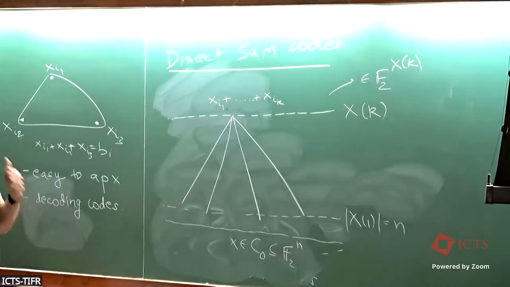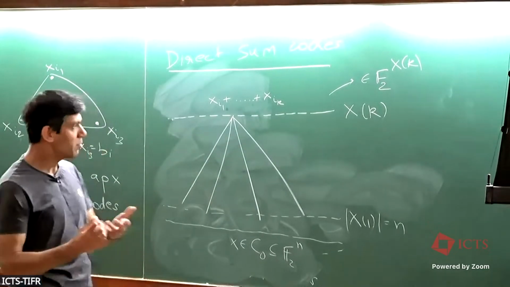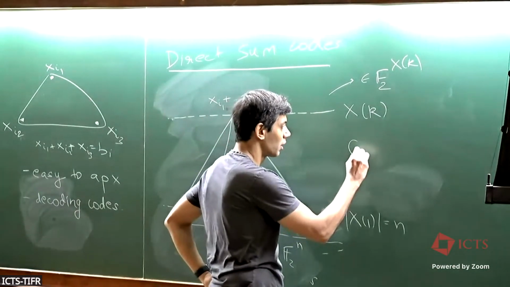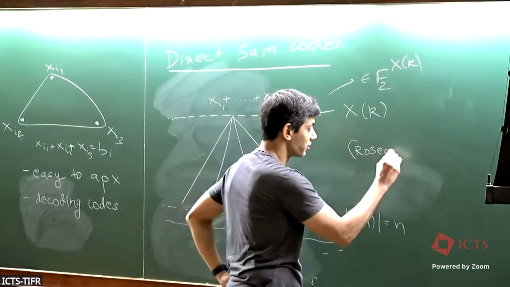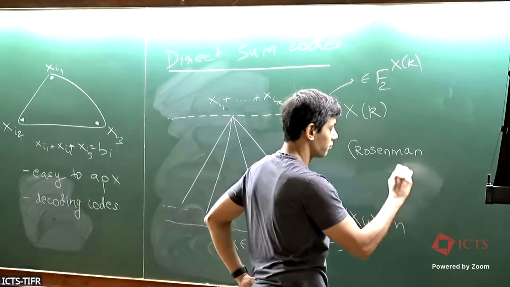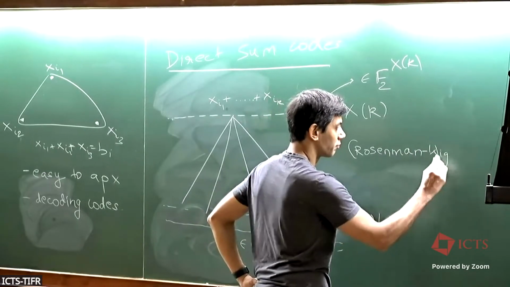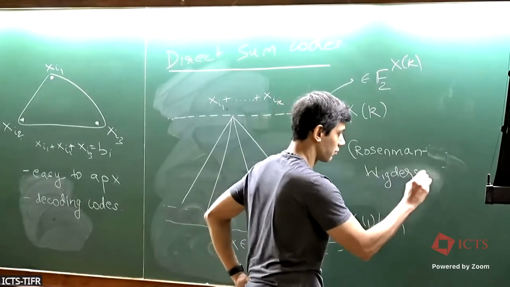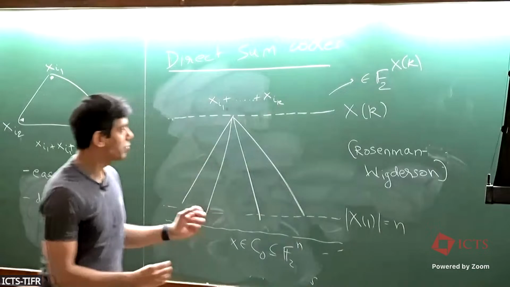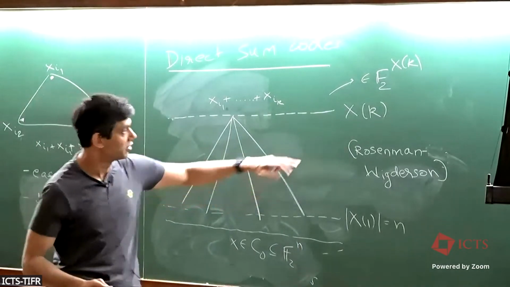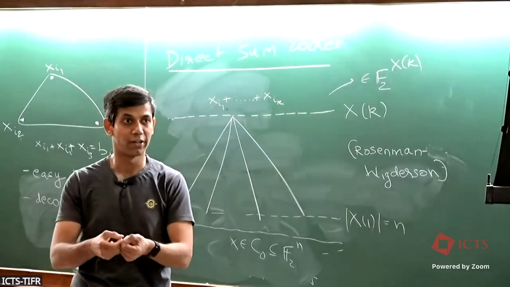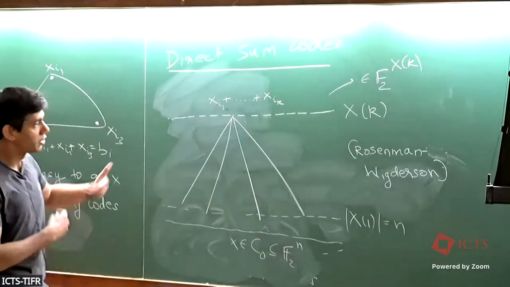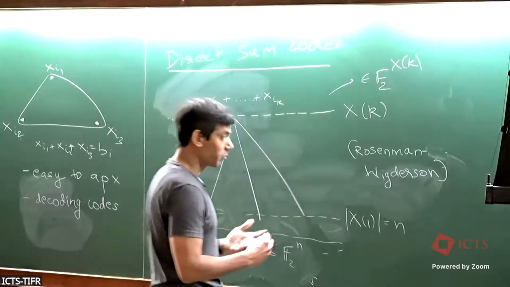Okay. And in particular, you already saw some examples of it yesterday. Swastik talked about the Rozenman-Wigderson construction, which you can think of as subsets of size 2, edges of an expander graph. You just add things on the vertices and write them on the edge. And this we saw already improves things a bit.